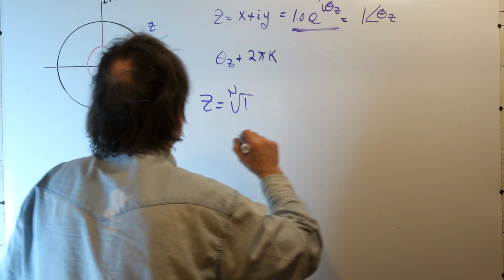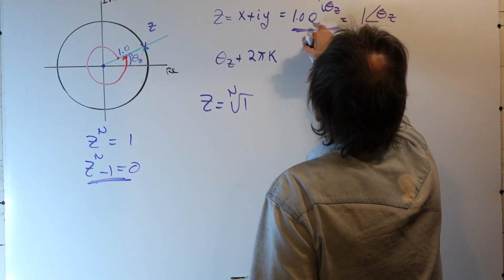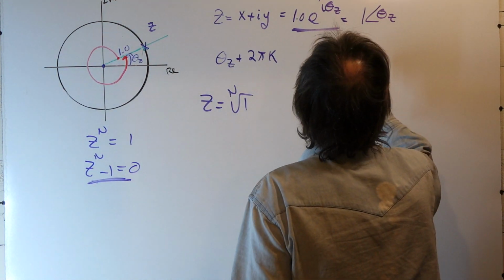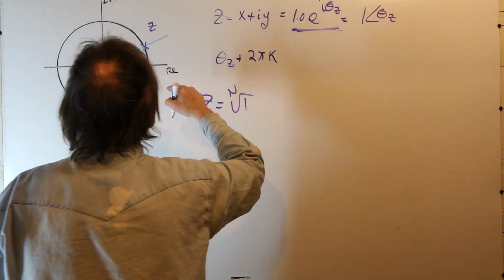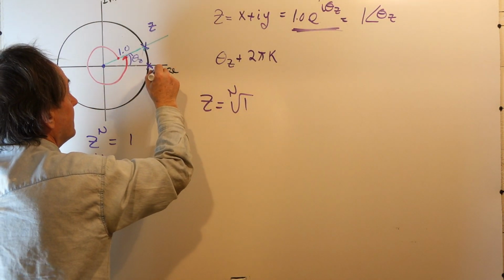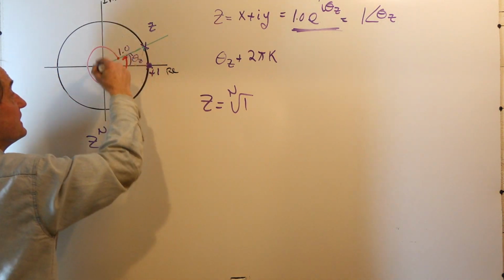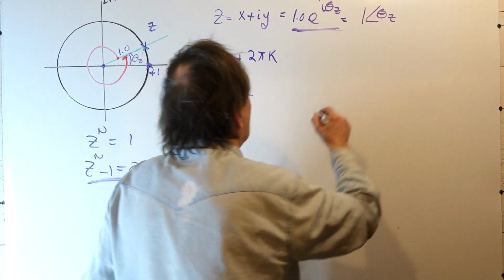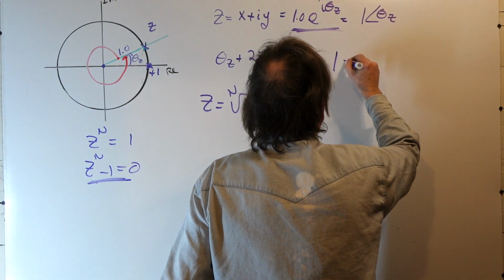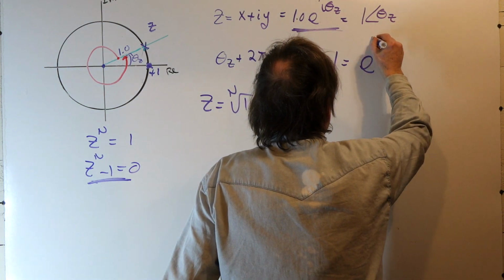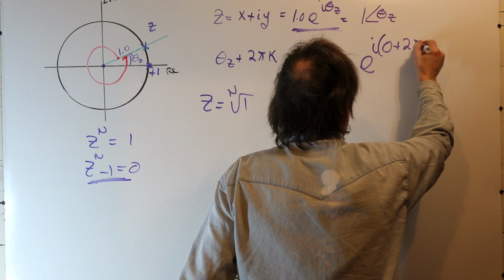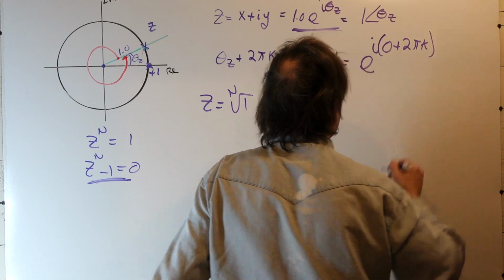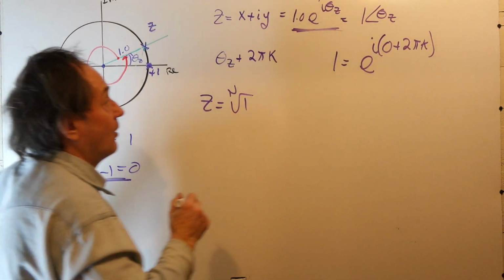Well, 1 can be represented in this fashion, where theta z is equal to 0. Positive 1 is right here, where theta z is 0. So we can represent 1 as e to the i times (0 plus 2 pi k), where k is an integer.